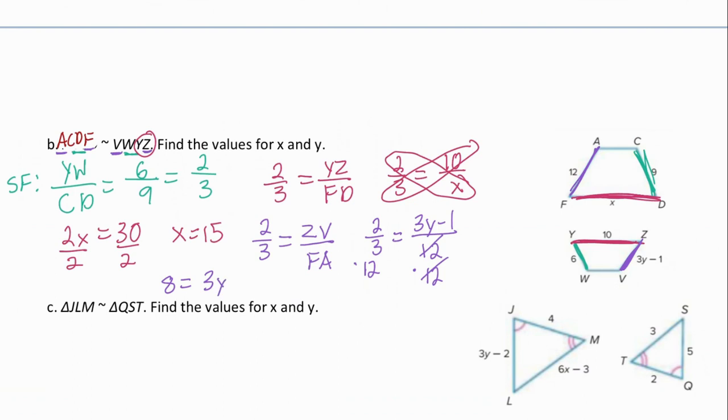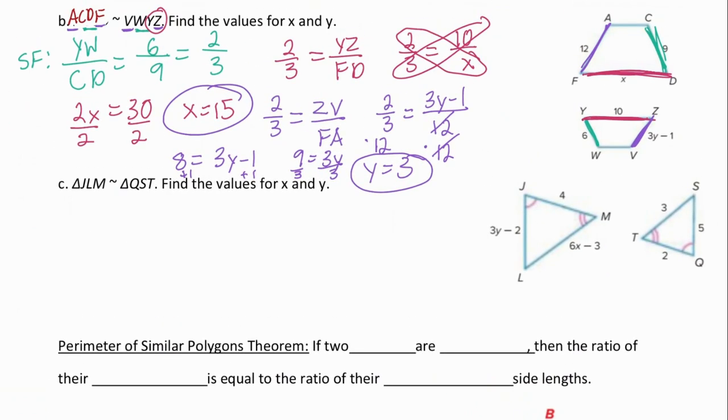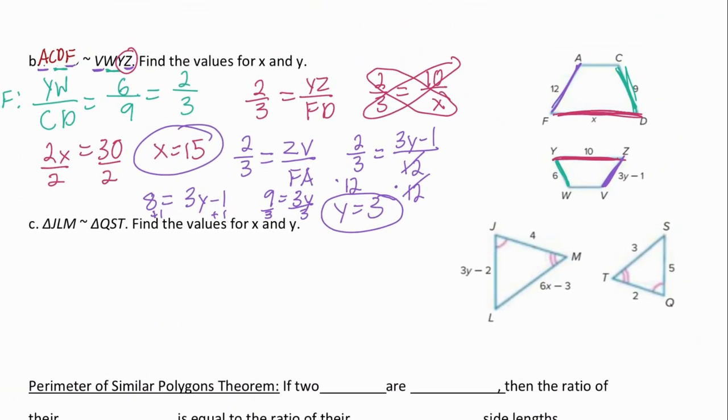So 3y minus 1. So then we'll need to add 1 to both sides. So we'll get that 9 equals 3y, and then we'll divide both sides by 3. So we'll get that y equals 3. So we got y equals 3 and x equals 15. Okay. I'd like you guys to kind of try this one on your own.